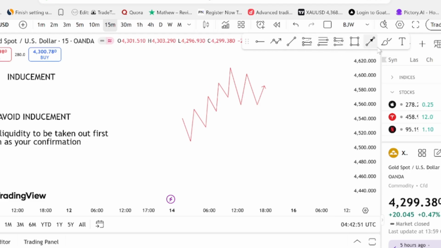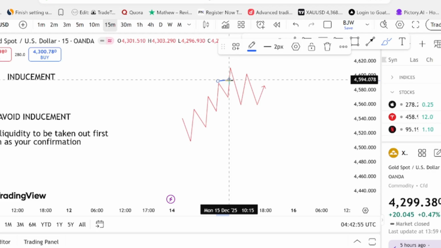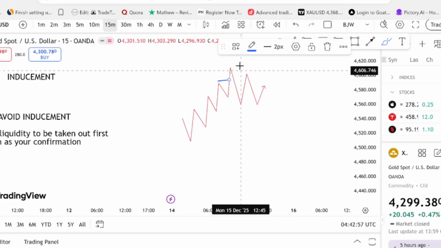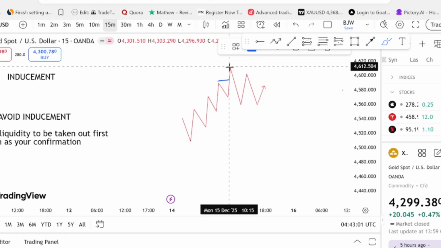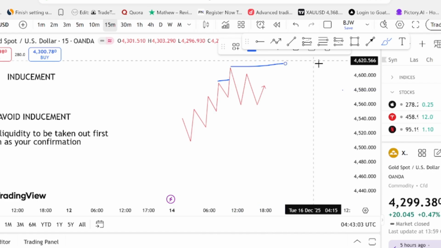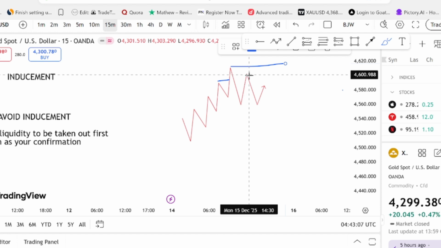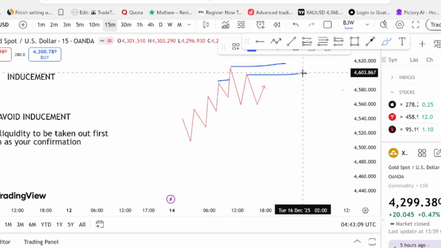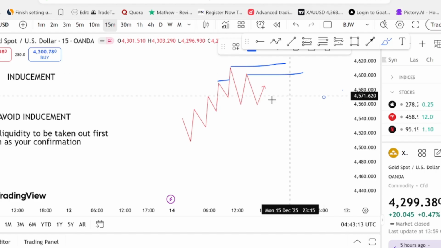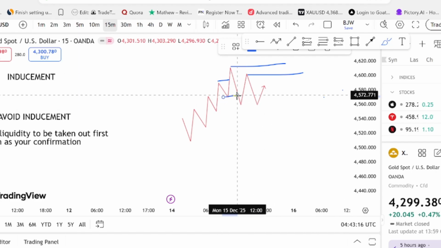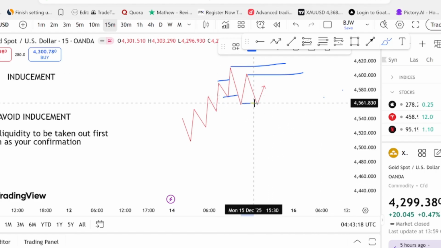Now since there's a structural liquidity that has been formed, where is the structural liquidity? The structural liquidity is right here, which is the sweep of the previous high, and then the next one is right here, and then the next one is also right here, which you can see the break of structure right here, and also this one break right here.